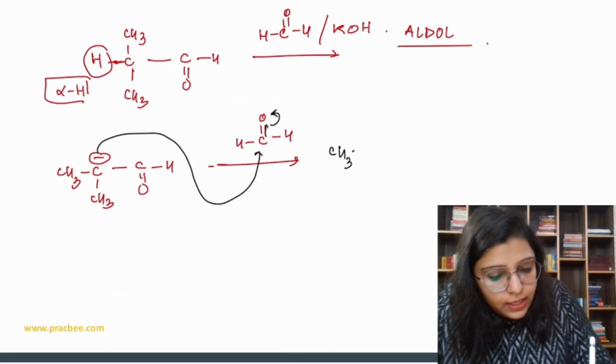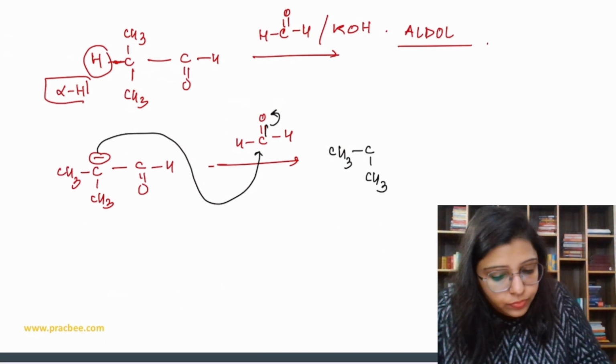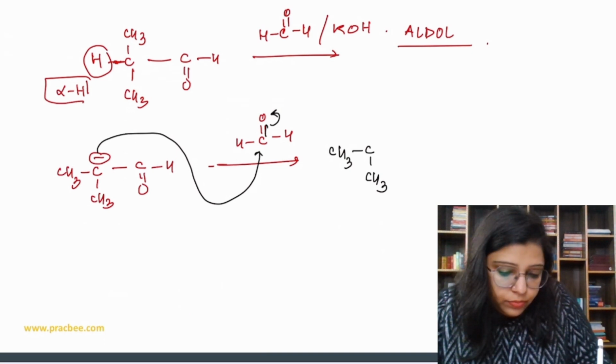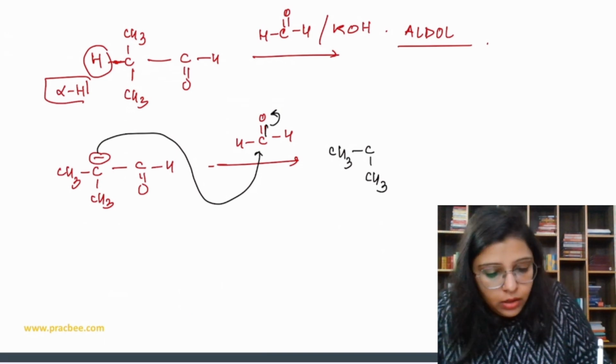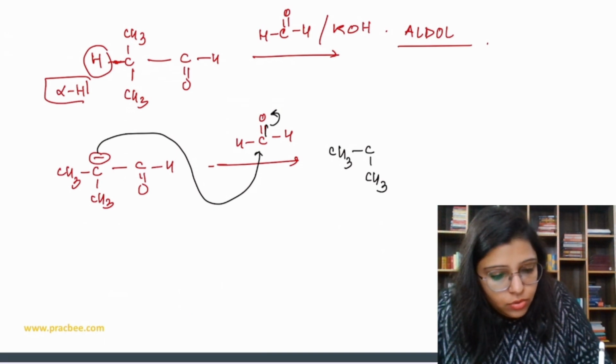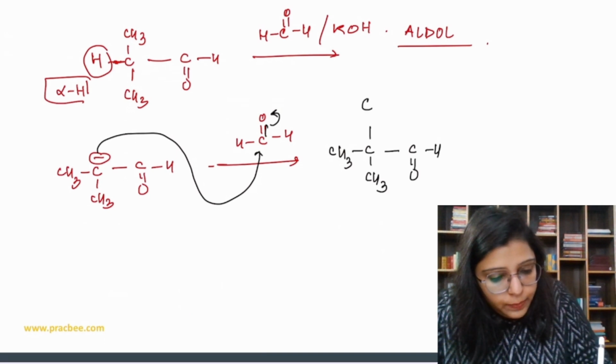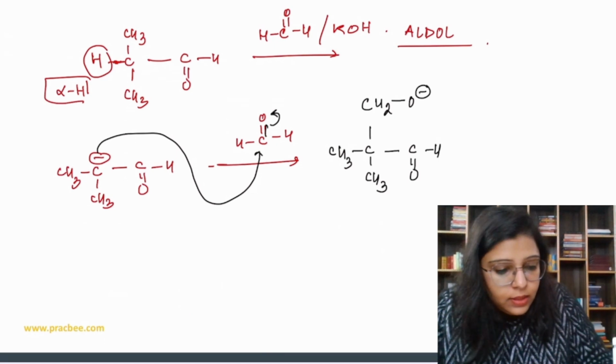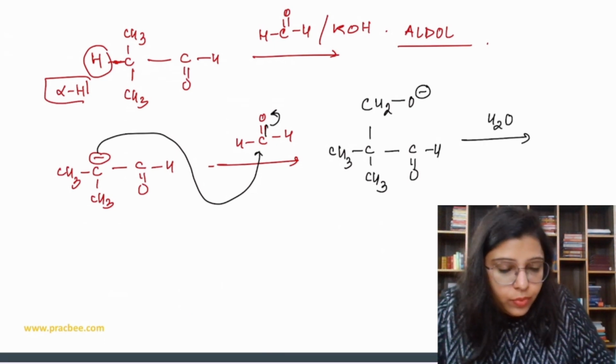So we write CH3, CCH3, CH3, CH3, and we can say that we are going to write CH3, CCH3. This is C double bond OH, and here we write CH2O minus. Then in the presence of water, what we are going to write?